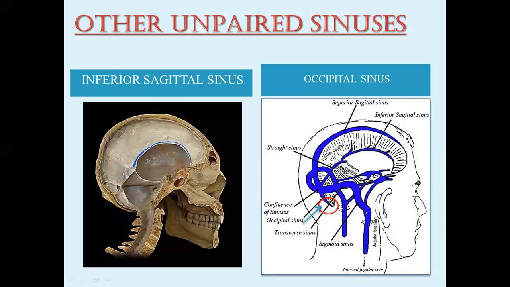It begins at the level of foramen magnum and then it ends at the confluence of sinuses. Confluence is the meeting point of all the sinuses. All these sinuses meet at one point, and this point is known as confluence of sinuses. So this occipital sinus will begin at the foramen magnum and end into the confluence of sinuses.